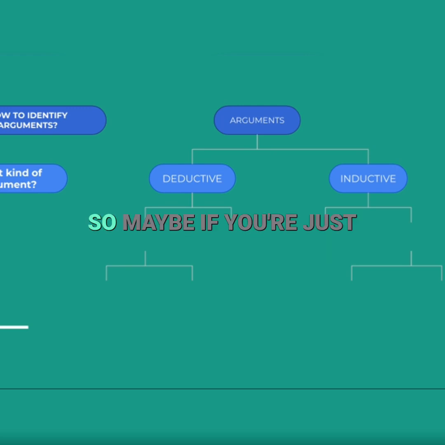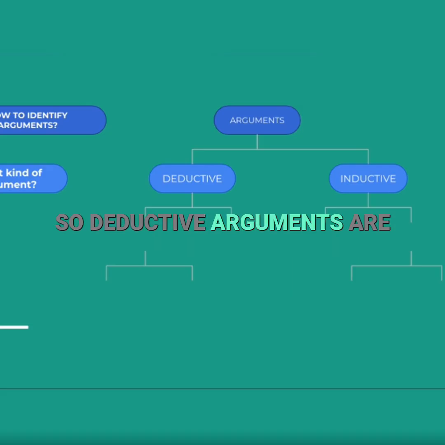So maybe if you're just curious about whether a movie's playing at a local theater later, like, oh, maybe I'm right, maybe I'm wrong. So induction is the stuff that we encounter all the time, but as we know, inductive arguments can never guarantee the truth of their conclusion. So most of what we know still has a likelihood of being false, right? Deductive arguments are much stronger, but they're a little bit more rare.